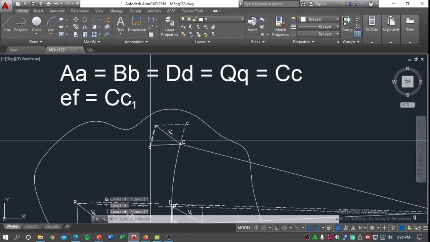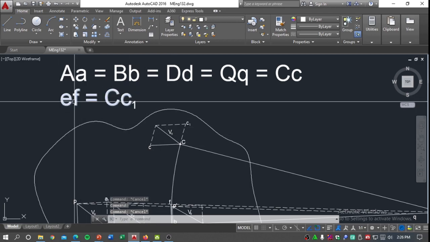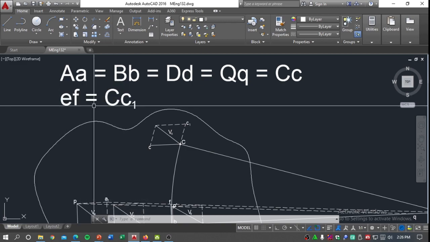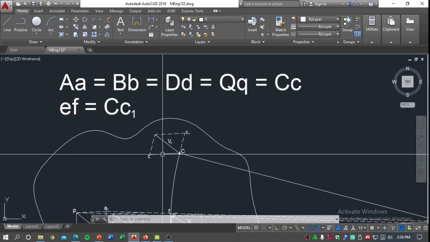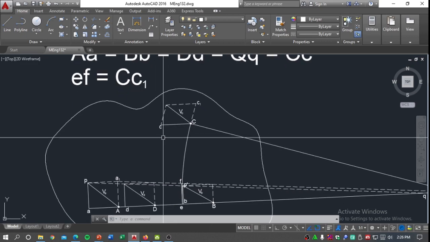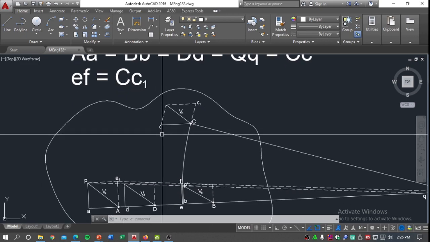This is the length of the components CC1 and the length of the projected EF. And after that, we projected another component.